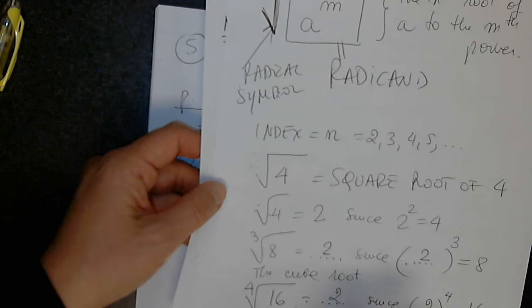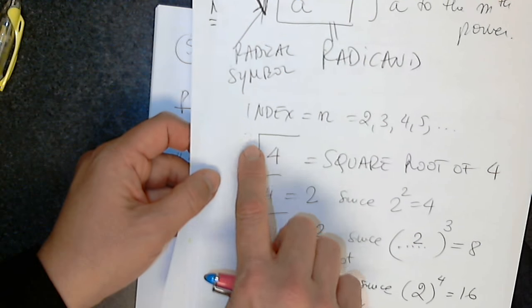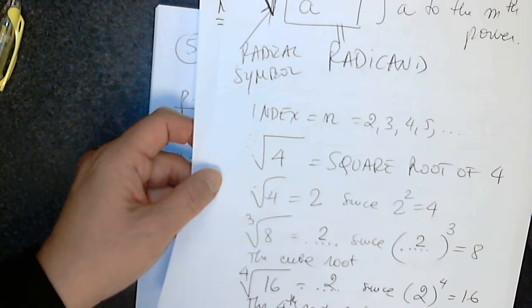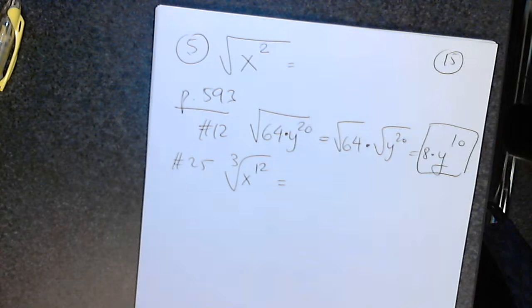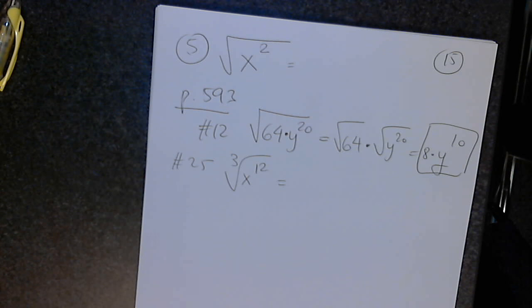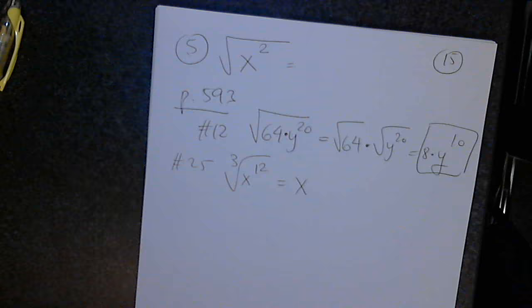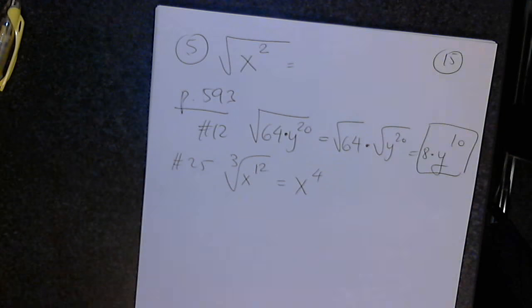Everything else has to be presented. If it's cube root, fourth root, they have to be written. But the only one that is not written is 2. And that's the lowest possible index. Okay, perfect. So the cube root of x to the 12th, what would you say? I copy the base, and what happens with the exponents? Very good. Excellent.